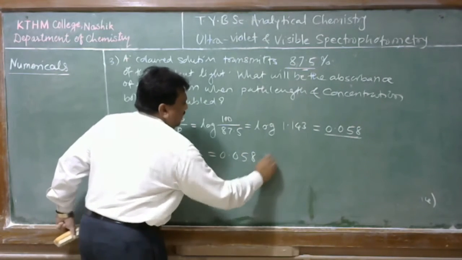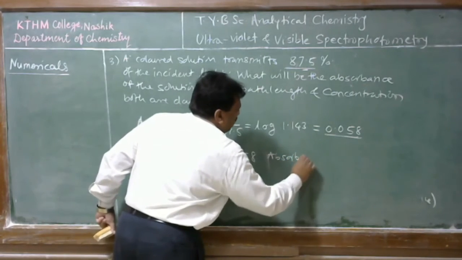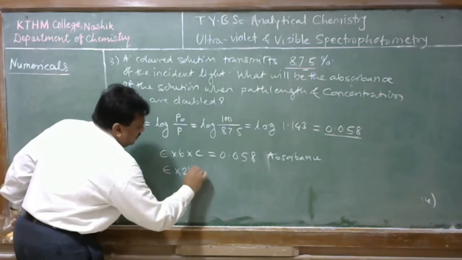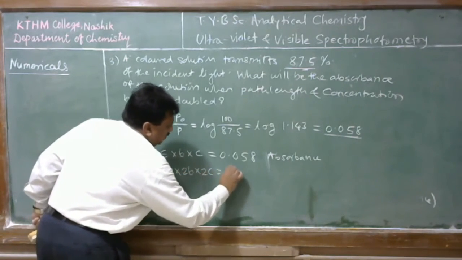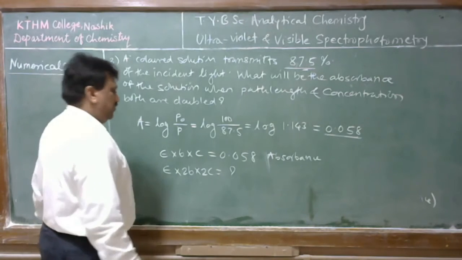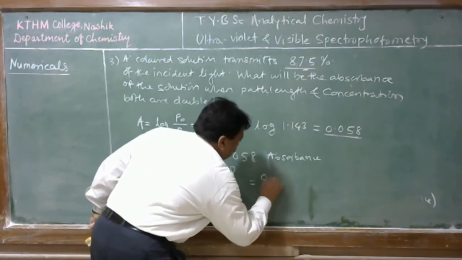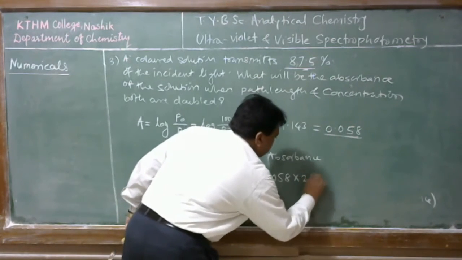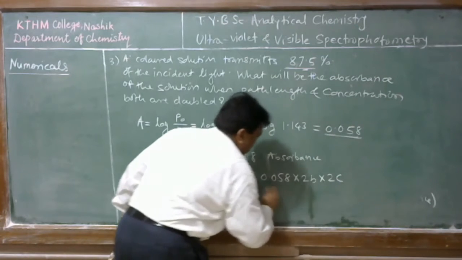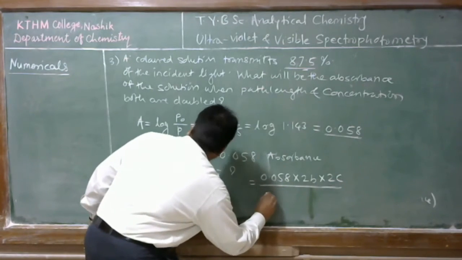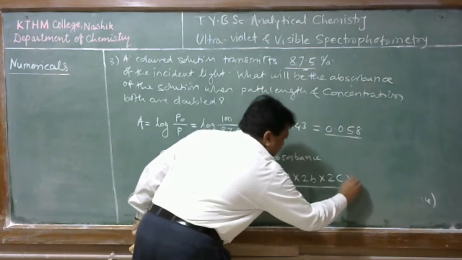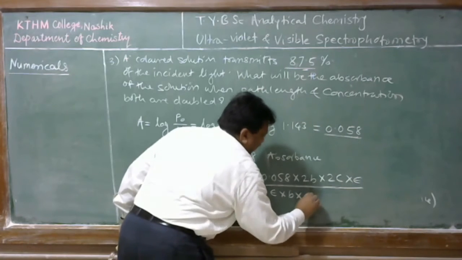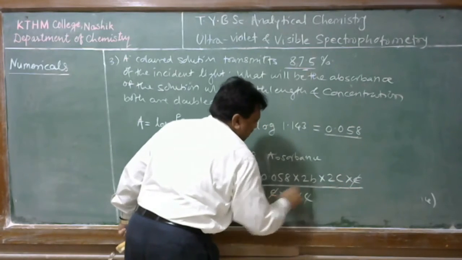Therefore, epsilon is constant, path length is doubled, concentration is doubled, then we have to find the new absorbance, which is equal to 0.058 into 2B into 2C divided by epsilon into B into C. Here these will get cancelled with each other.